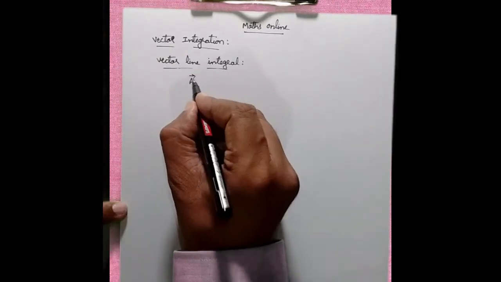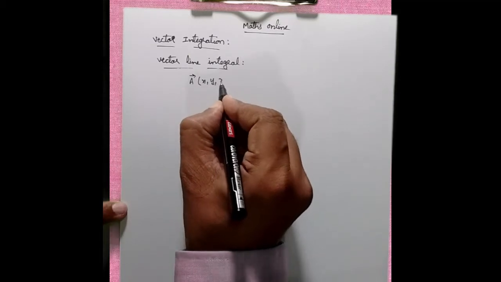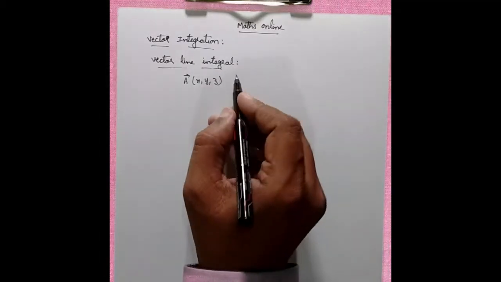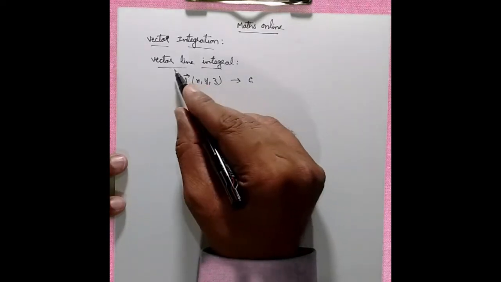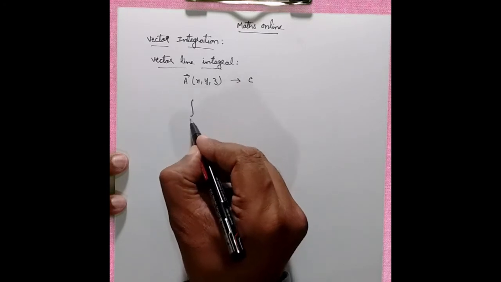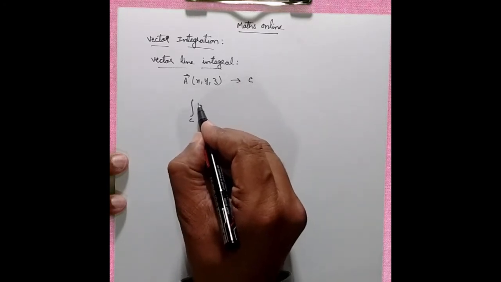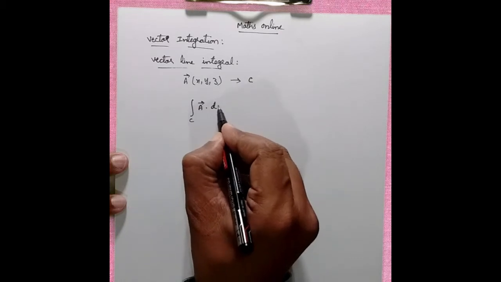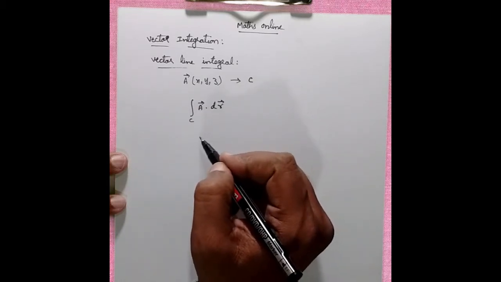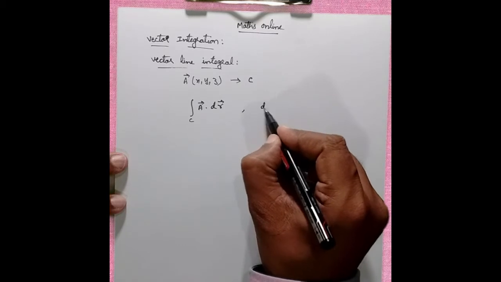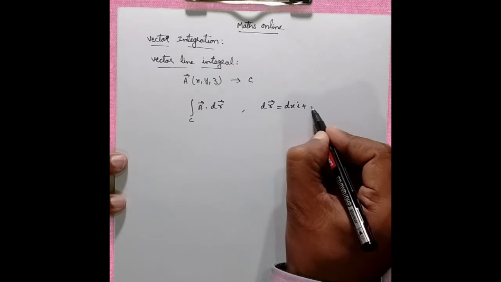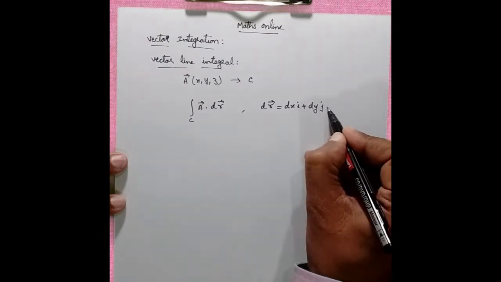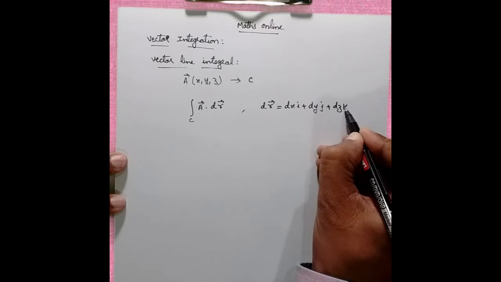Suppose I consider a vector A, and this vector A is defined along the curve C. Then you can represent the vector line integral in the form of, along the curve C, vector A dot dr vector, where this dr vector can be written as dx into i plus dy into j plus dz into k.